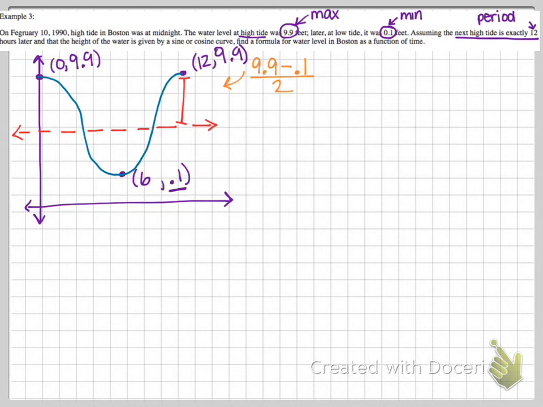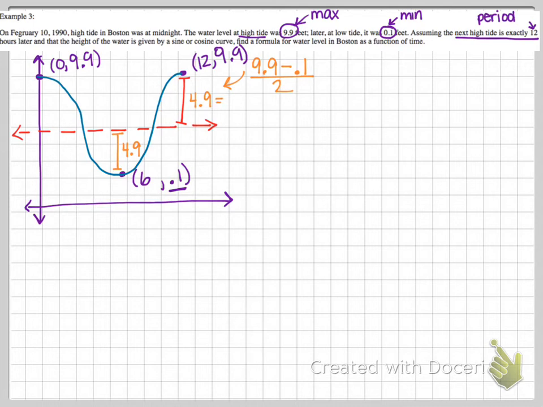So 9.9 minus 1/10, divided by 2, is going to give us 4.9. So the distance right here is going to be 4.9. Same with this distance right here.